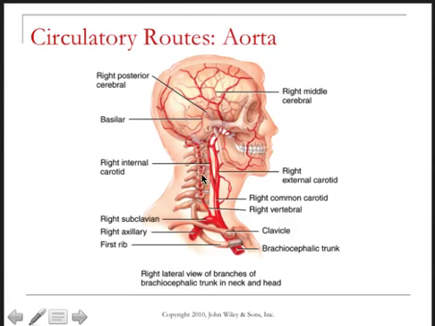And this is one of the distinguishing features of the cervical vertebrae, the fact that they contain these transverse foramina, which are oriented vertically, and that's to accommodate the vessel that runs through them. No other vertebrae in the vertebral column has that feature. So that's one of the distinguishing features.